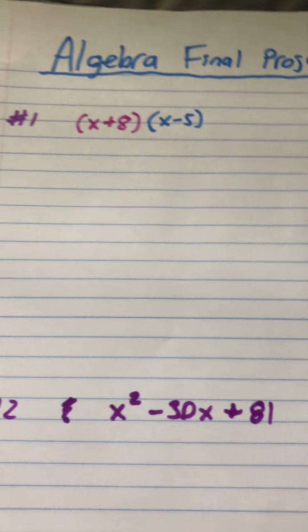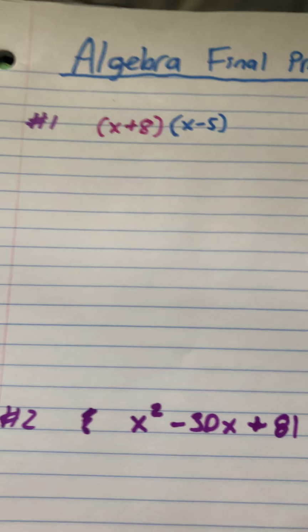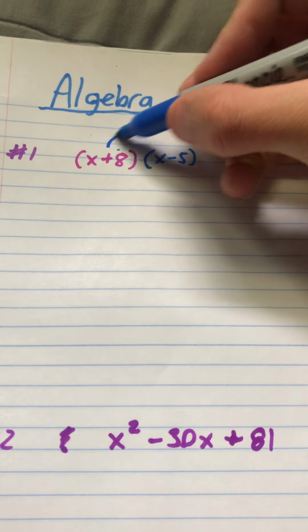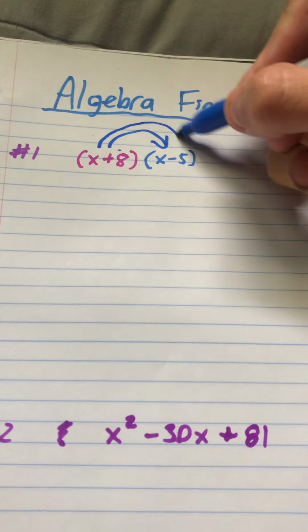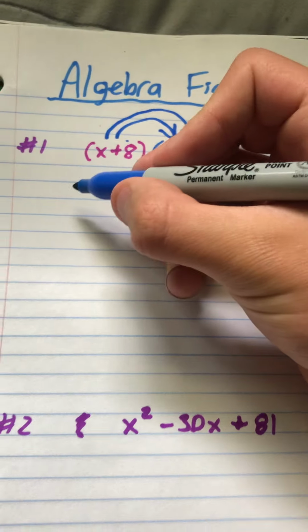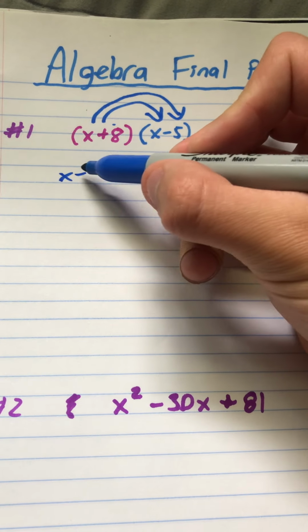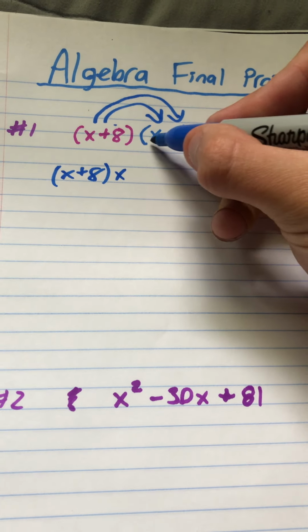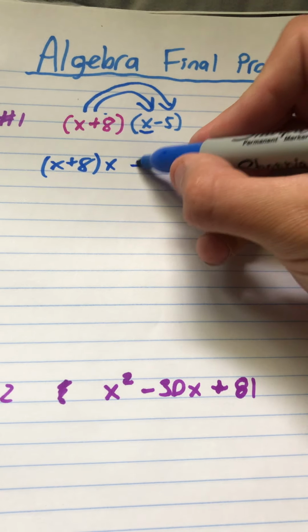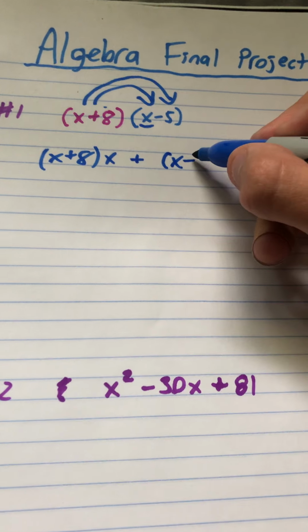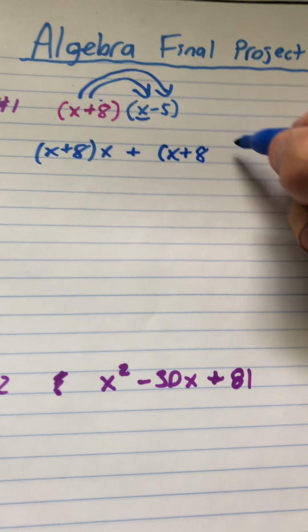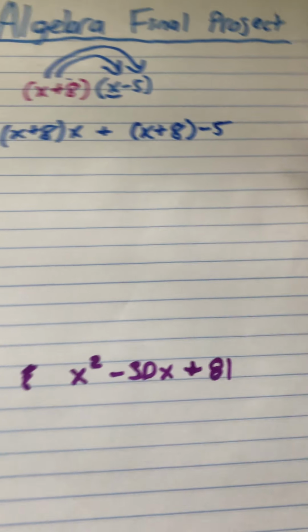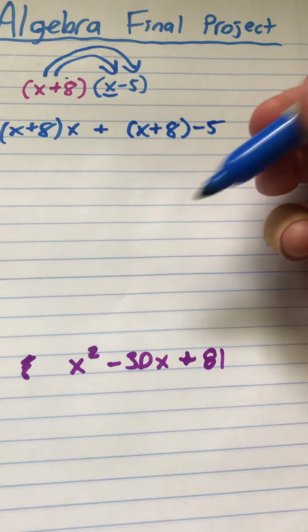First, I chose to do it as a distributive property, kind of, so this will multiply to the x and to the negative 5, so that'll look like (x + 8) times x, because it goes to right here, and then plus (x + 8) times negative 5. And then I just use the distributive property for these ones.